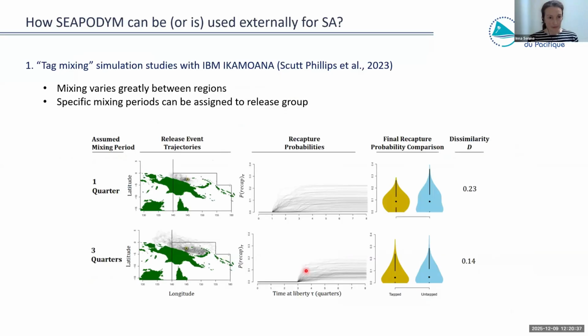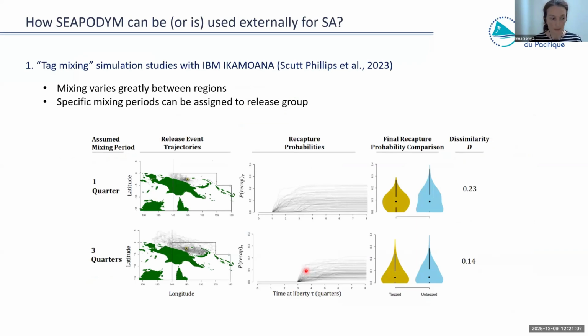So the question that was asked also is how CPDIM can be, and actually in some cases is already, used externally for stock assessment. The first example is the tag mixing simulation studies that were done with the individual-based model ICAM-1 by Joe, where he took the optimal parameterization obtained for CPDIM.